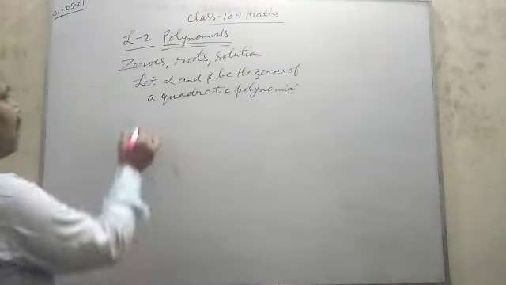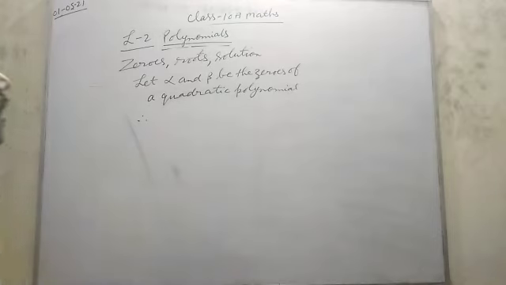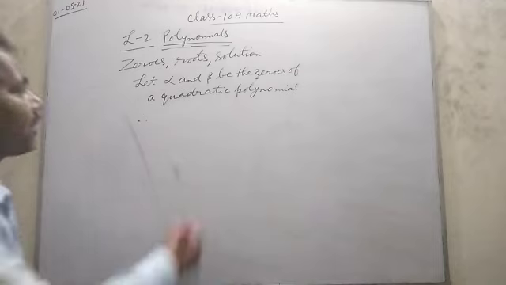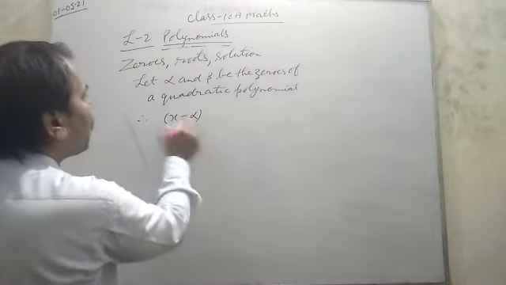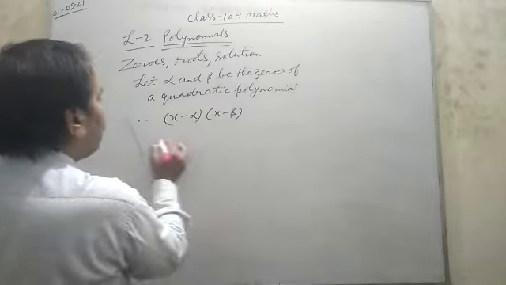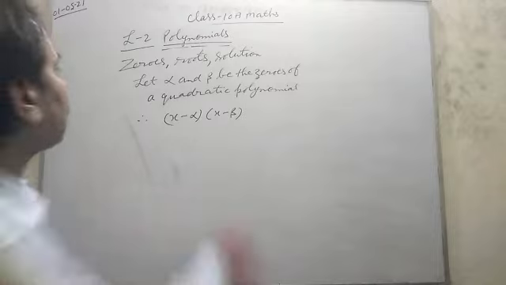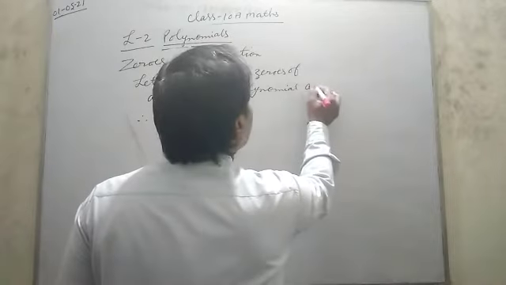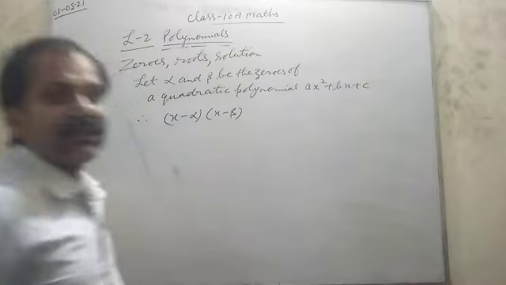Therefore, what will the quadratic polynomial be? x minus first zero into x minus second zero. So x minus alpha into x minus beta, while for a quadratic polynomial you write ax square plus bx plus c. Clear?